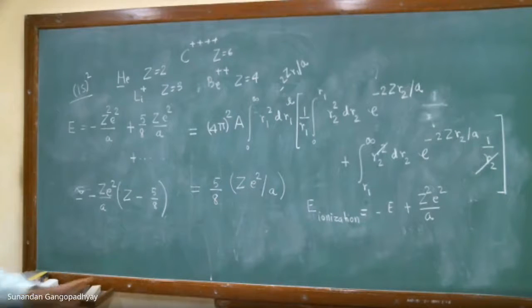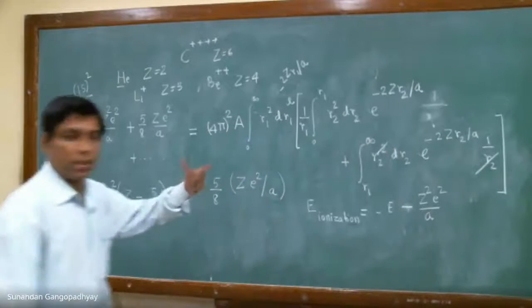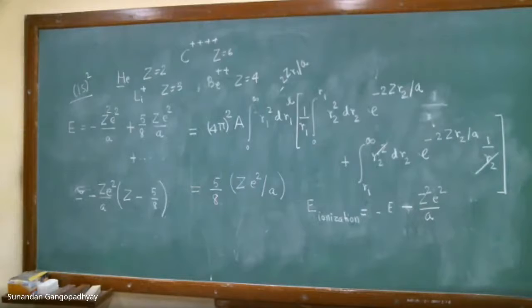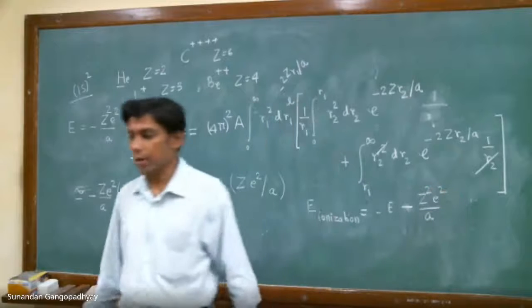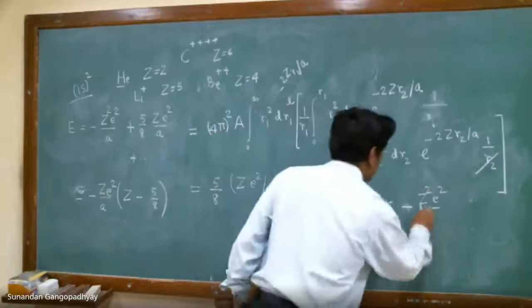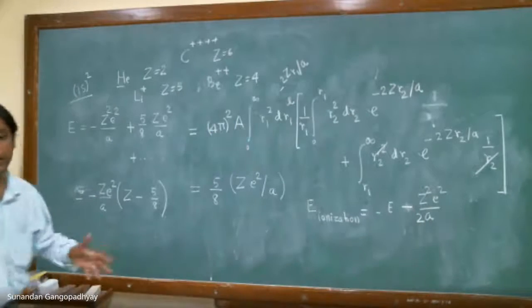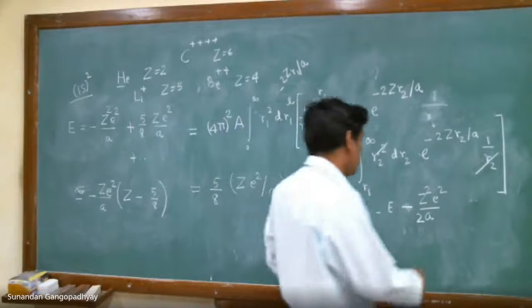Oh, just a minute. This is minus E minus. You can do it the other way around also. You can define it as plus E minus Z²e²/a, that is, E plus Z²e²/2a. So this is the energy that is required to pull off one of the electrons.